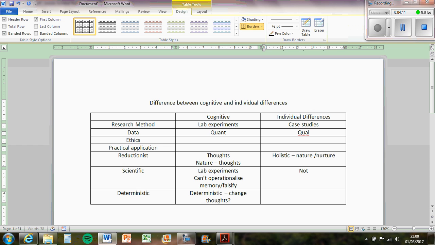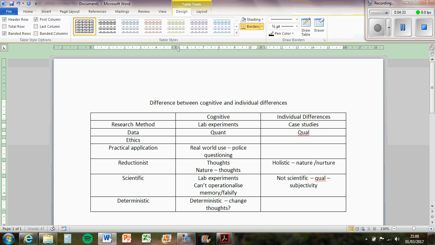Individual differences is not scientific because you're collecting loads of qualitative data, which means there could be lots of subjectivity in terms of interpreting the data. They've both got practical applications, so they've got a real world use. Things like police questioning, if you think about Loftus and Palmer, and then also students and how they revise.